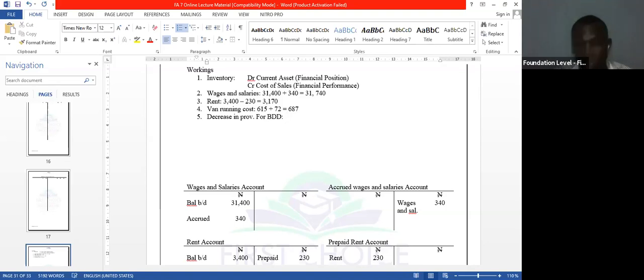The amount given to us in the question is 405. Because it's a decrease, you put minus, and the minus will be minus 91. And that gives us a.